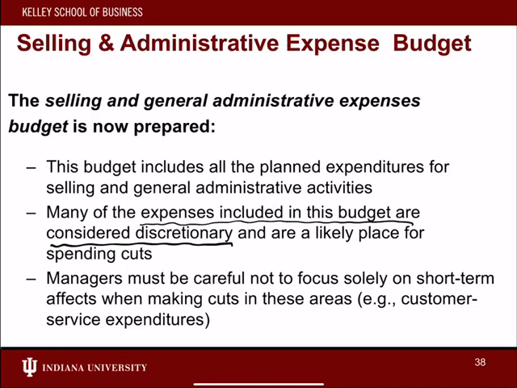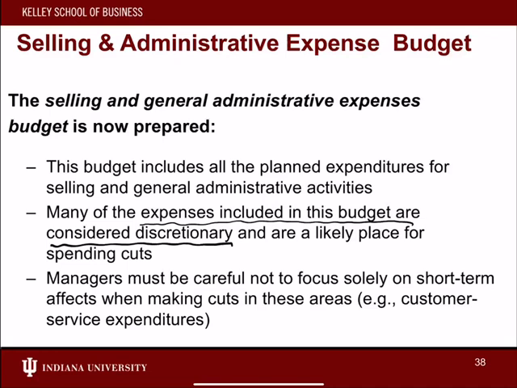And so, like we said in lecture 1, a lot of times you get to the end of your budget and you're hoping for a net income of a certain amount or an ROI of a certain amount. If we're short, lots of times it is what it is. If you can't make any changes, that is what your budget has to be. You're just short of the net income metric you're hoping for.